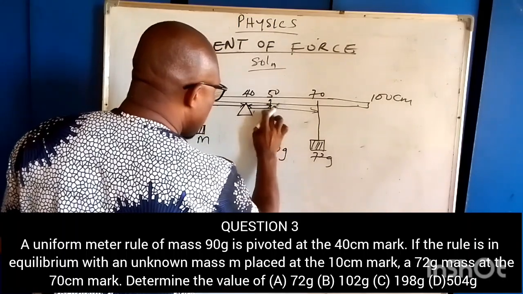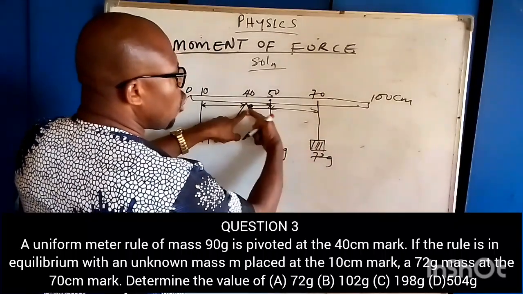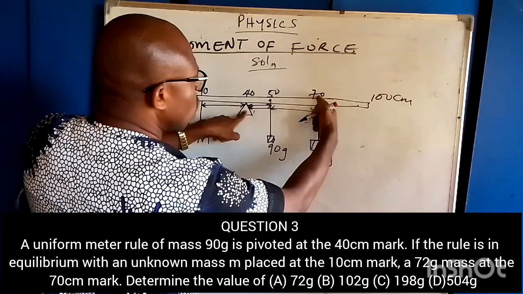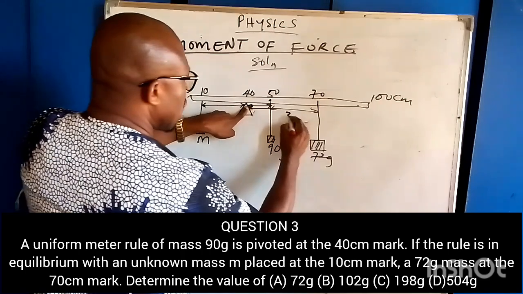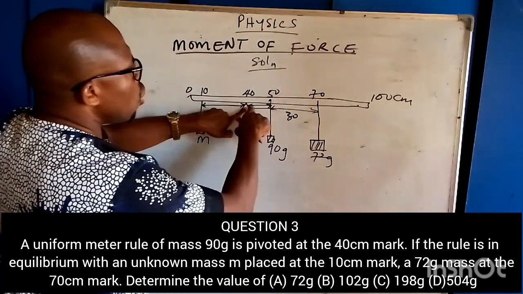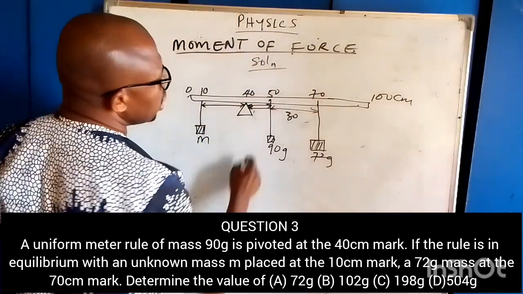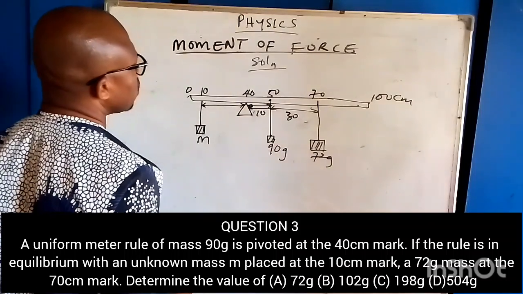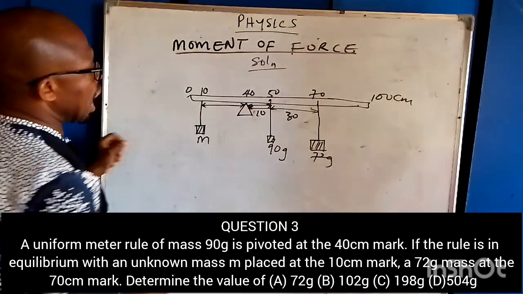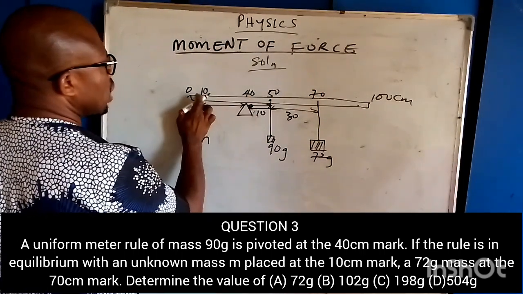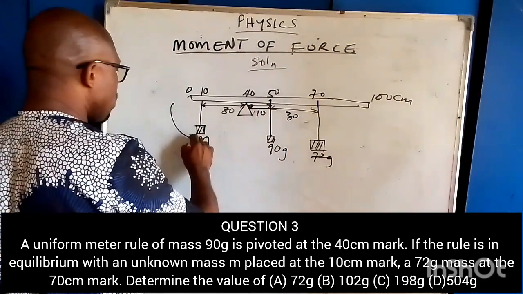The second one will be from the point of pivot to where this one is hanging, and this one is hanging at 70. Pivot is at 40, so the distance is 30. Now from 50 to 40, the difference is 10. And from this pivot to where the unknown mass is hanging is 40 minus 10, which will give us 30.